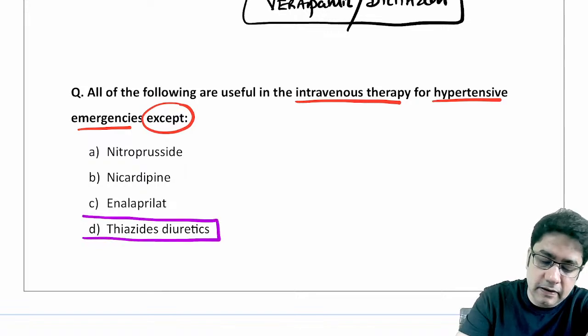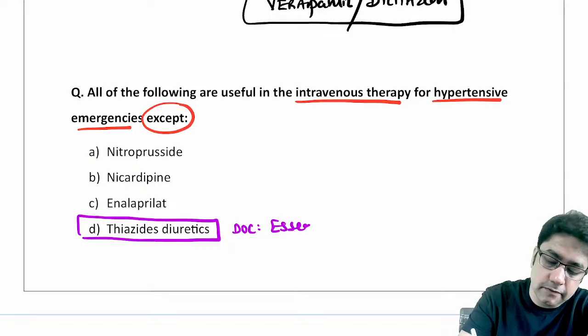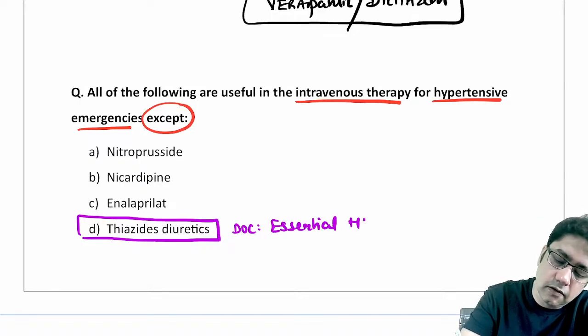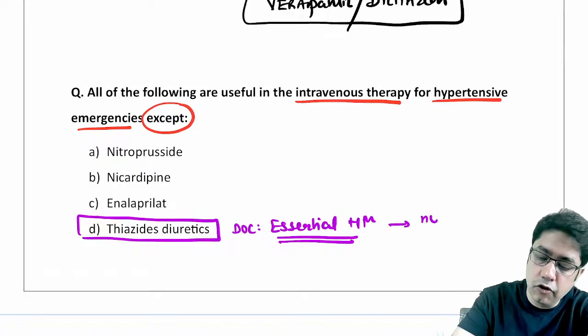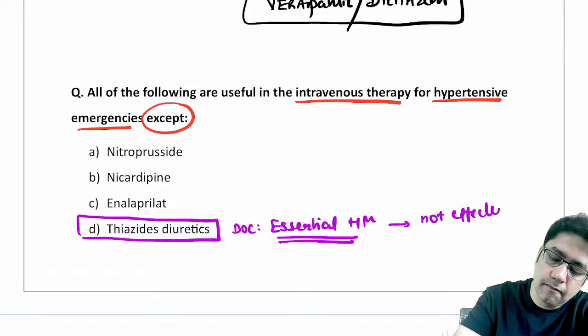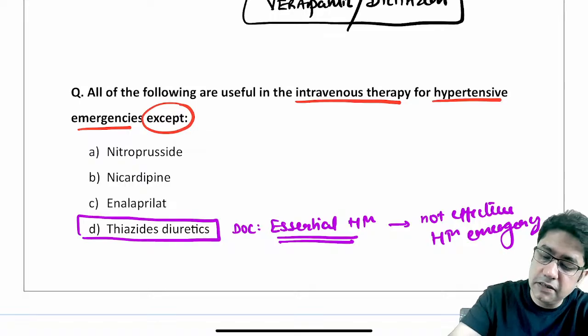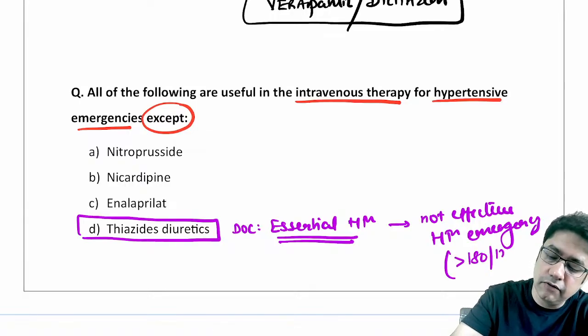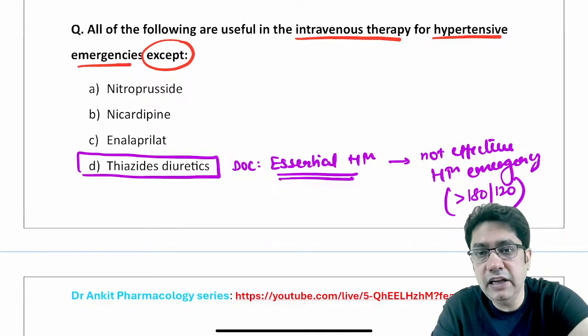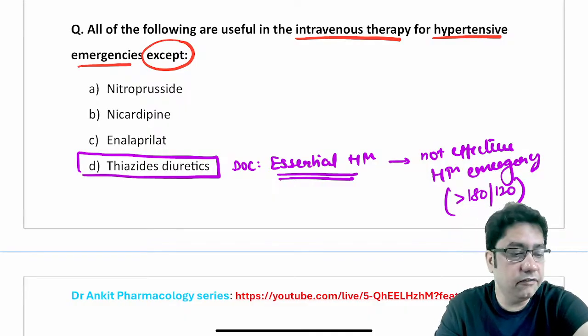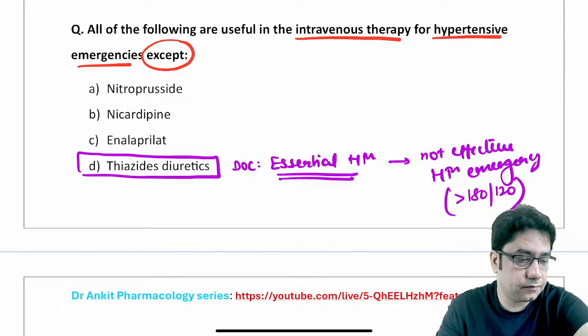Remember, thiazide diuretics are the drug of choice for essential hypertension, which is the most common type of hypertension, but they are not effective in hypertensive emergency. Hypertensive emergency means when the blood pressure is more than 180 by 120, because thiazides are not very effective drugs. Okay.